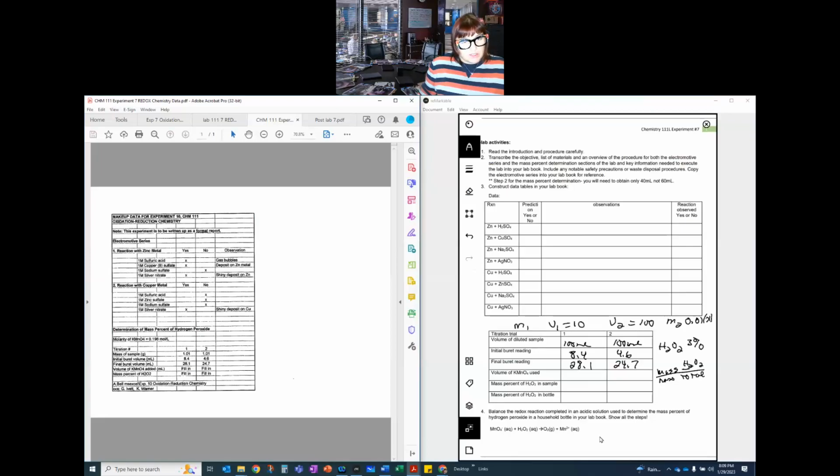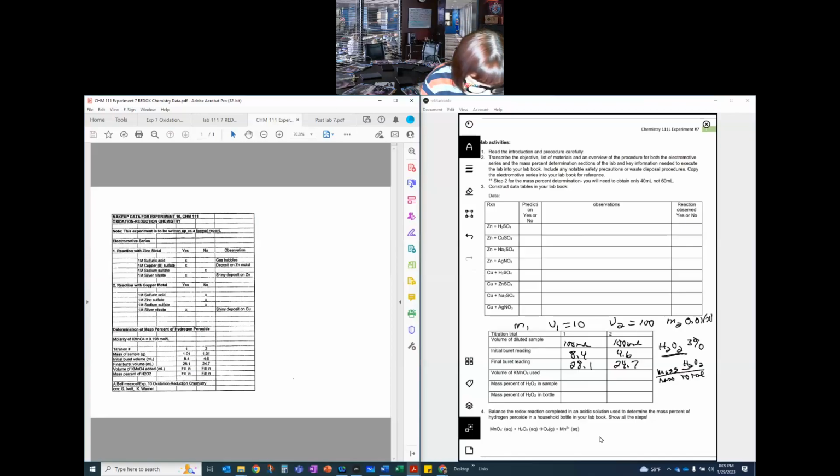Once we calculate the mass of H2O2, which we can do through this calculation, then we can calculate a mass percent. That percentage is what you're going to be comparing, once you've multiplied by 10, to this 3%. So don't forget to multiply it by 10 to get it back to the original concentration. So that should be everything that you need.